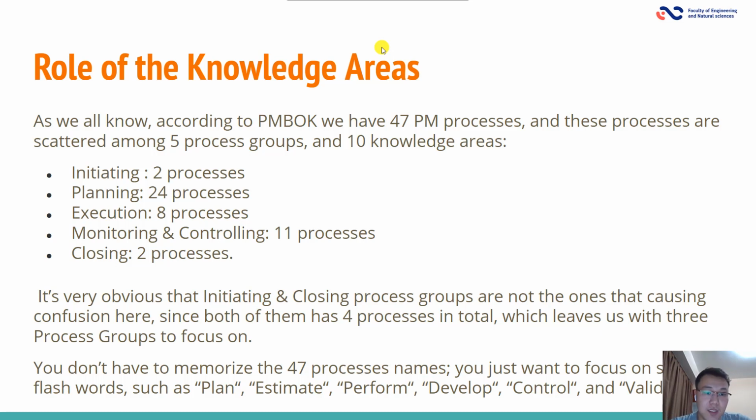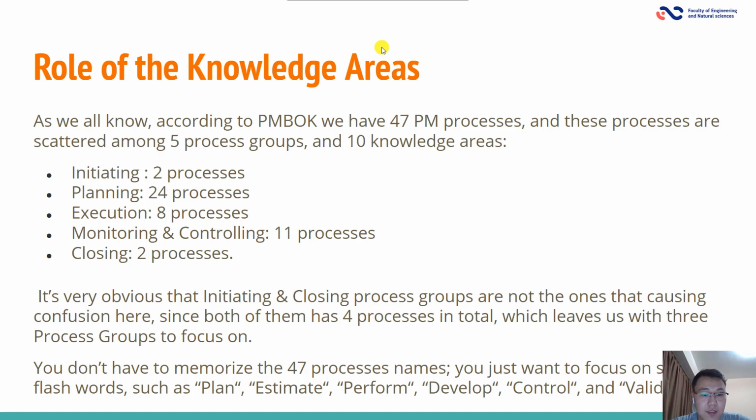In executing, 8 processes. Monitoring and controlling, 11 processes. Closing, 2 processes. It's very obvious that initiating and closing process groups are not the ones causing confusion here, since both of them have 4 processes in total, which leaves us with 3 process groups to focus on.